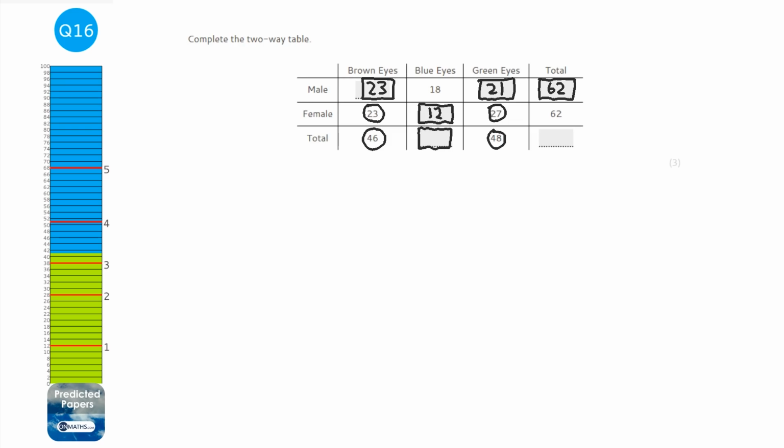If there's 18 males with blue eyes and 12 females with blue eyes, that means there's going to be 30 altogether. Now this total is either the total of these ones or the total of these ones, and they should give you the same number. Don't add the blue and the green ones together, so it's only one of them.